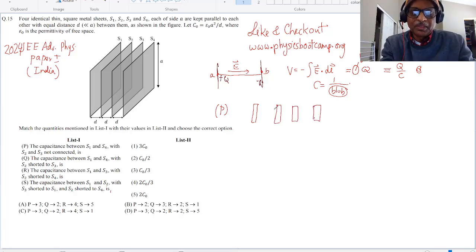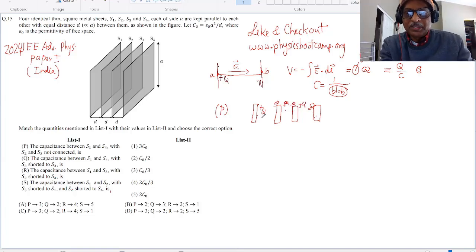If you put a plus Q on this side and minus Q on this, they'll face each other, and they will pull. This side will become induced minus Q, this will be induced plus Q, this will induce minus Q, and this will induce plus Q.